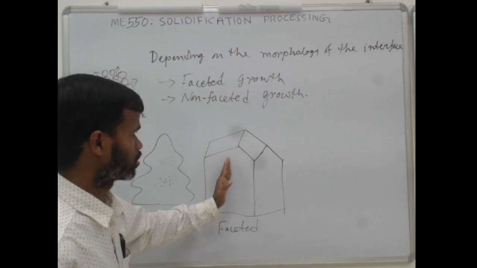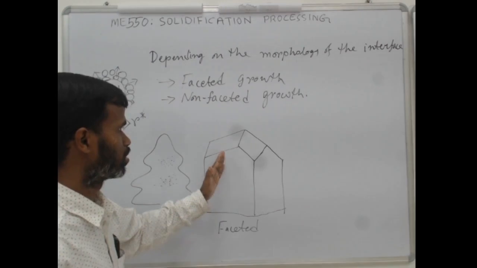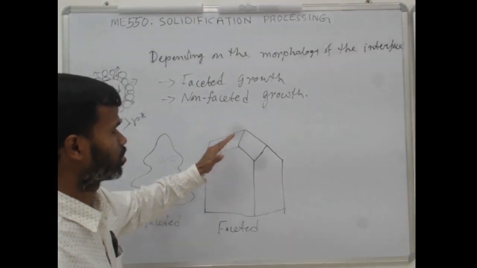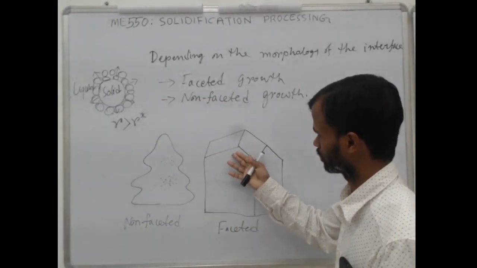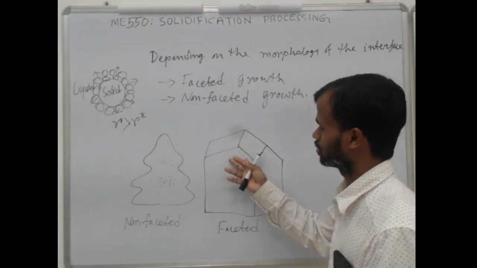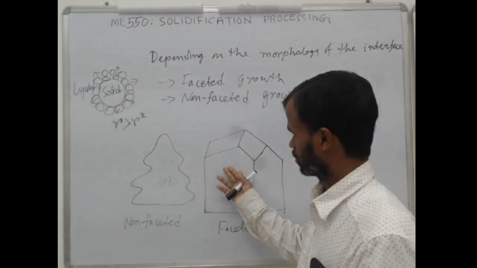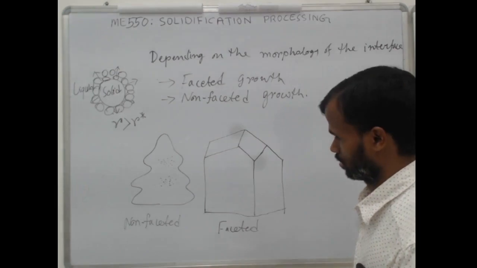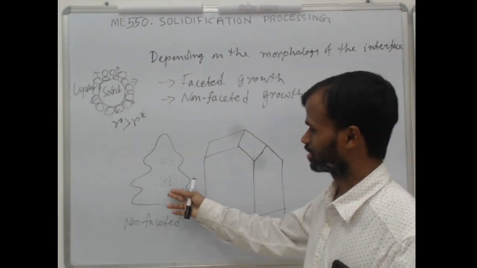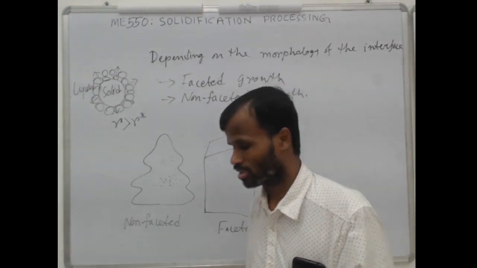In this direction the growth is more than in that direction, so you end up with different planes exposed at the surface, where the crystallographic directions are still visible on the macro scale. So faceted means there is a preferential direction for growth, while in non-faceted there is no preferential direction and the growth is uniform in all directions.